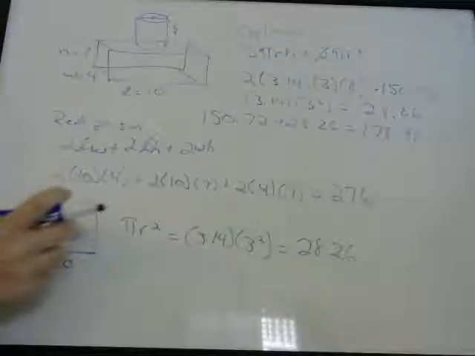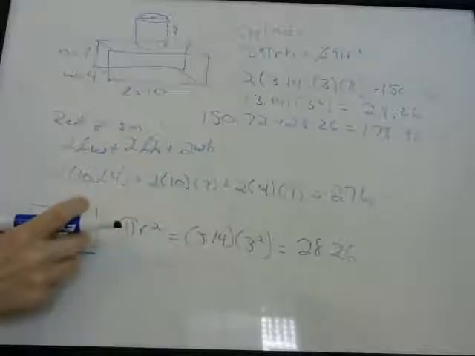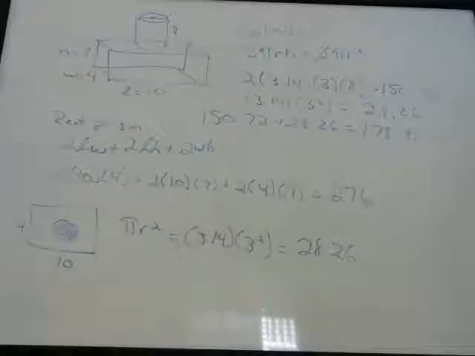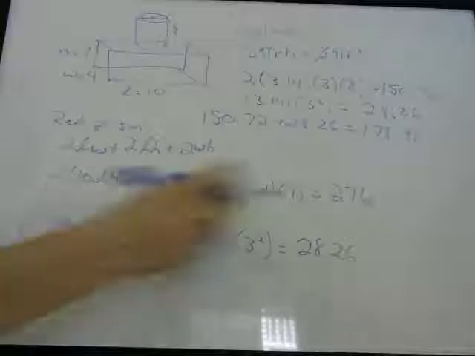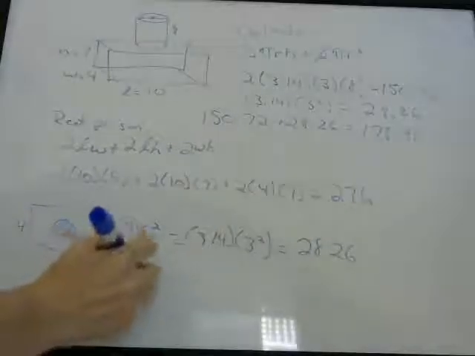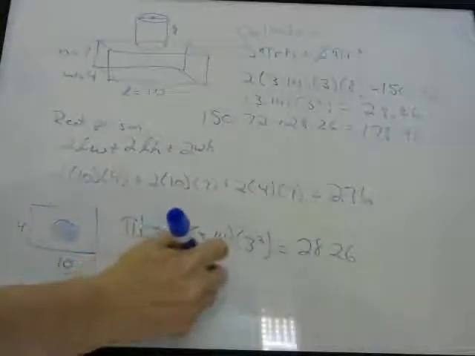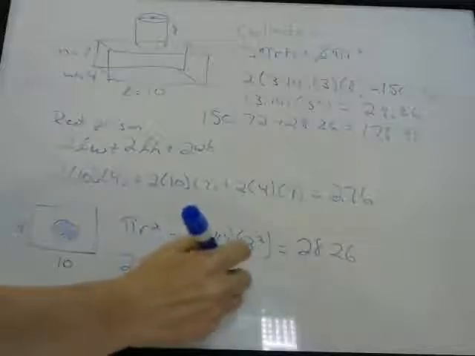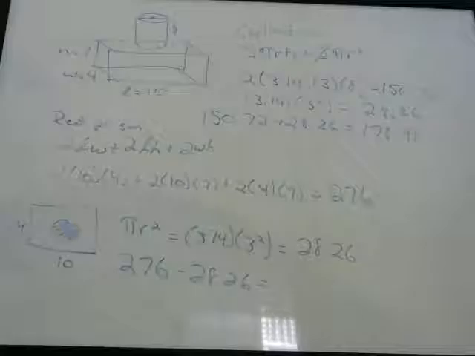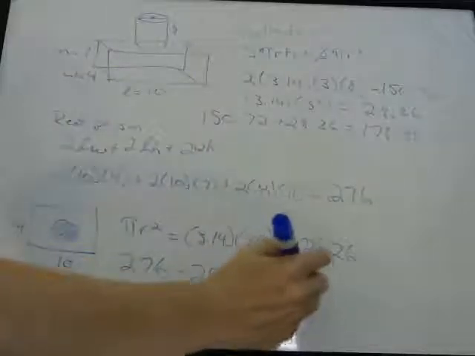Since we don't need to paint that, it doesn't have to be part of our surface area, so we're going to take our total surface area and subtract that out.